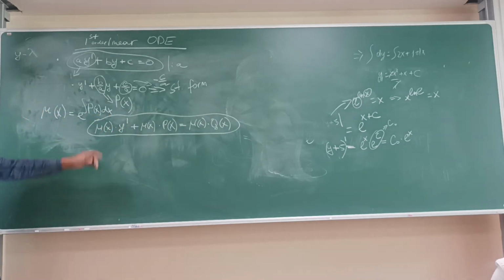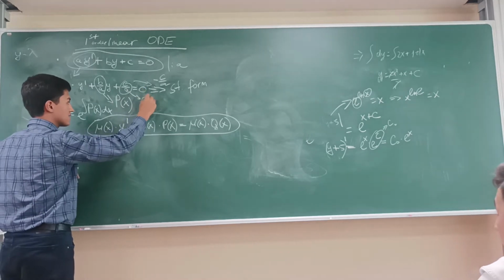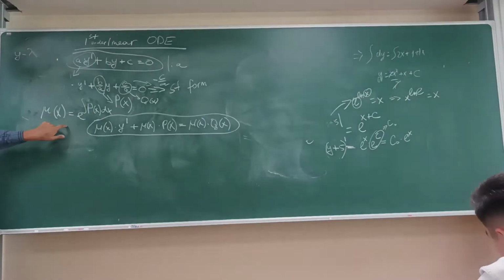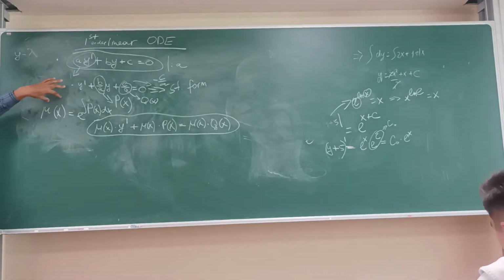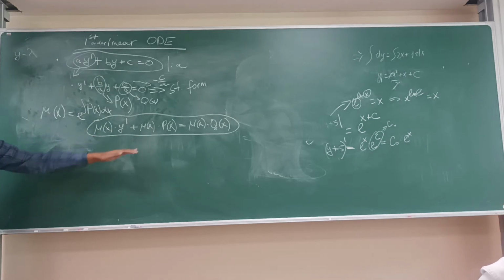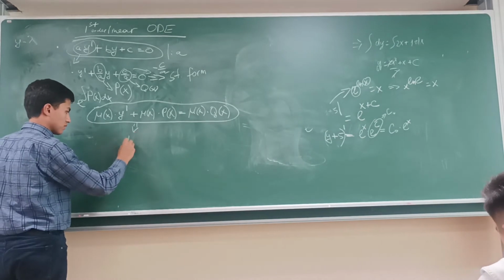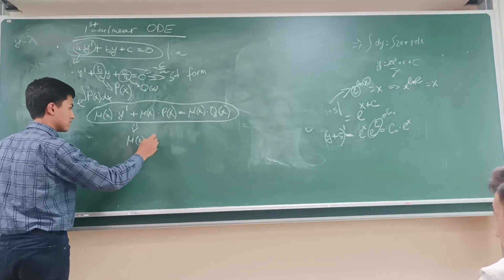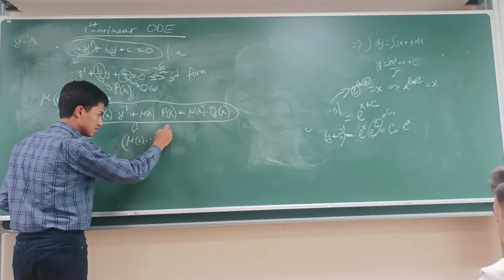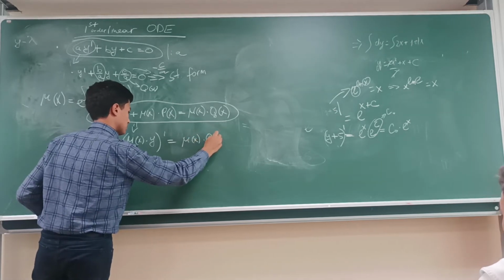So overall, firstly you find the standard form. These are functions, p(x) and q(x). After that, you find the integrating factor, and then you multiply your integrating factor by the standard form on both sides, and finally you have this kind of thing. And this equals the derivative of the product of mu of x multiplied by y. This equals mu of x q(x).